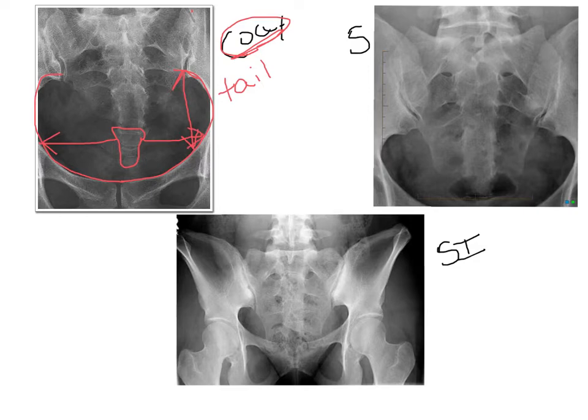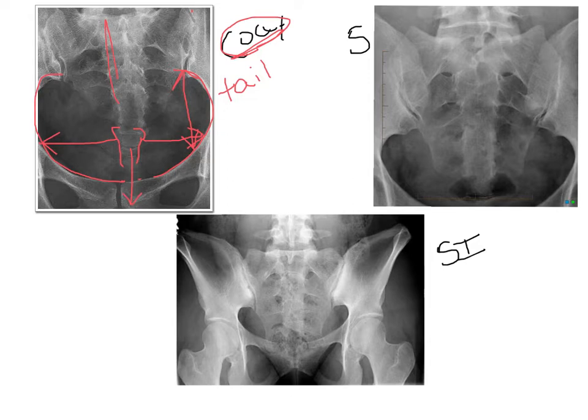Another way to look for rotation is to look at this median sacral crest, which is this area right here in the middle. Is it lined up with the pubis symphysis? In this case, it is not. I'm going to erase that line real quick. And also, if you look at the coccyx, is it aligned with the pubis symphysis? And again, it is not.